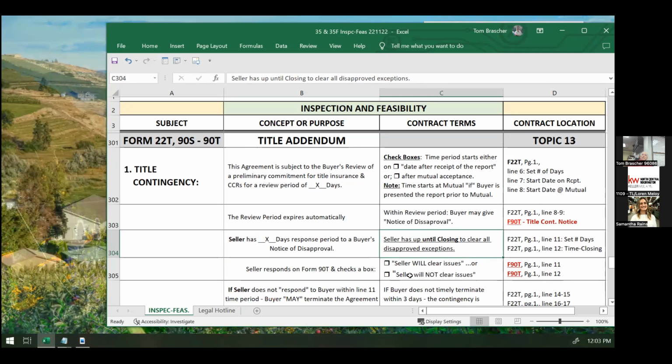So the seller will respond on the Form 90T that the seller will either clear the issue, which means they have up until the day of closing to correct it, or the seller will not clear the issue, which then gives the buyer the option of saying they want to go forward or they want to terminate.